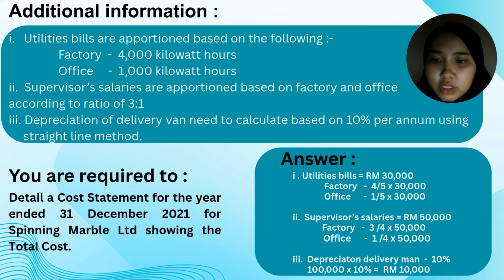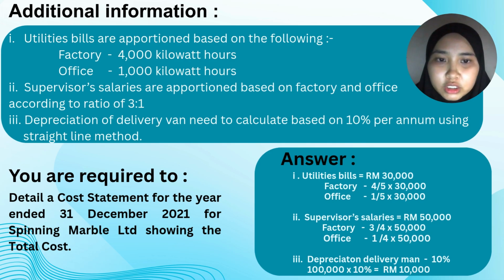The second one is supervisor salaries. The amount of supervisor salary is 50,000 ringgit. For the factory it is 3 out of 4 and for the office 1 out of 4.